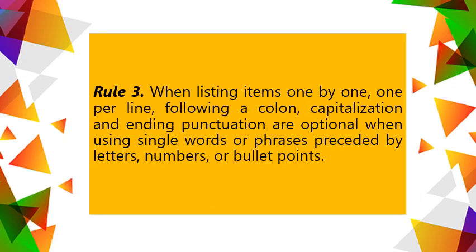Rule number 3: when listing items one by one per line following a colon, capitalization and ending punctuation are optional when using single words or phrases preceded by letters, numbers or bullet points. So here punctuation marks are optional.